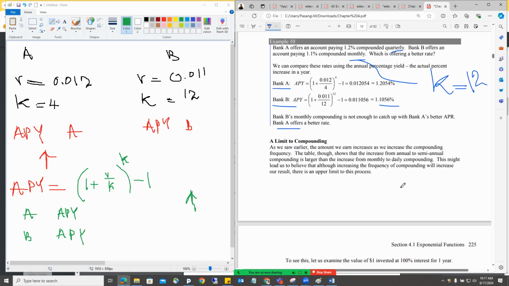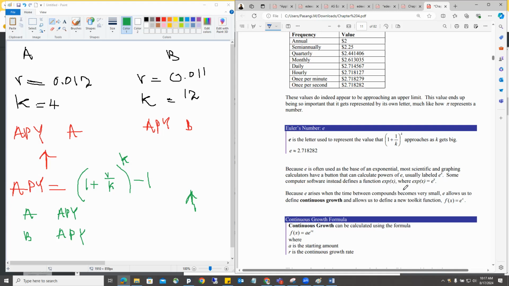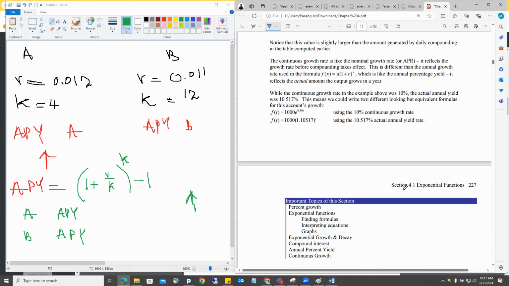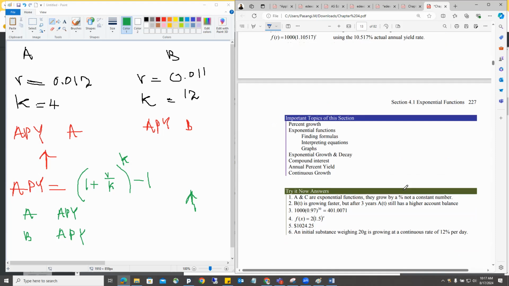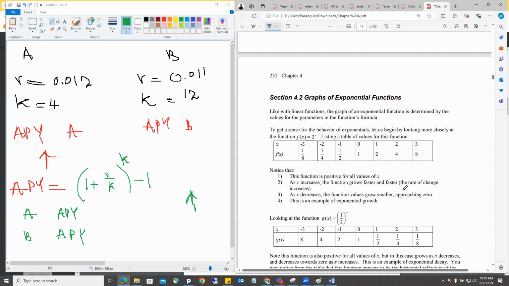Complete the question. I think we have to do the graph of exponential.